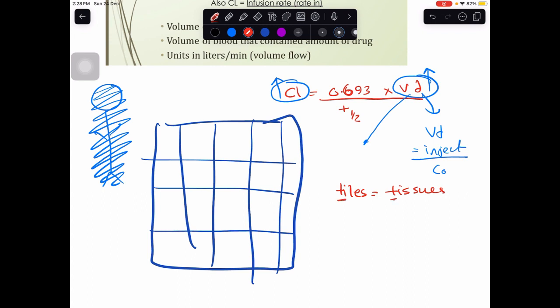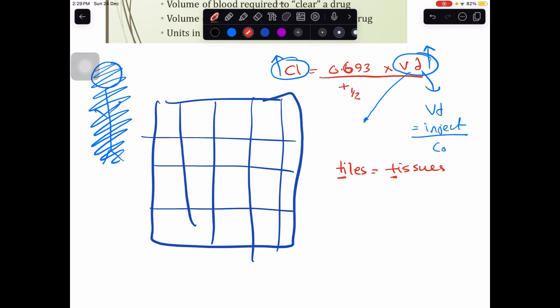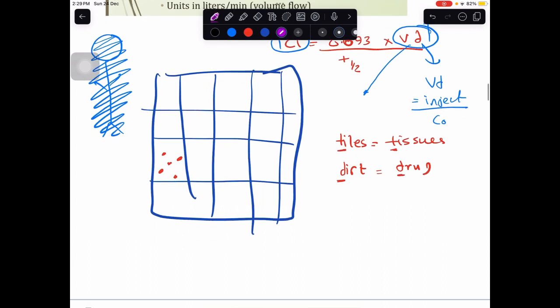T by T, tissues. Let's say that the tiles are dirty. These red spots are the dirt. Let's say the dirt here is my drug. D by D.